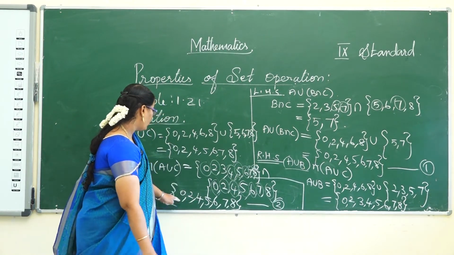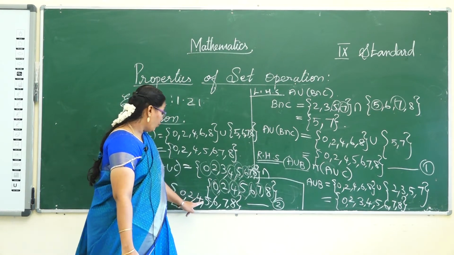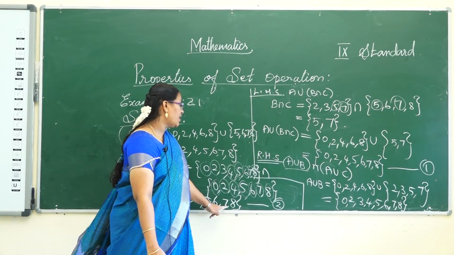Check equation number 1 and 2. Equation number 1 gives 0, 2, 4, 5, 6, 7, 8.